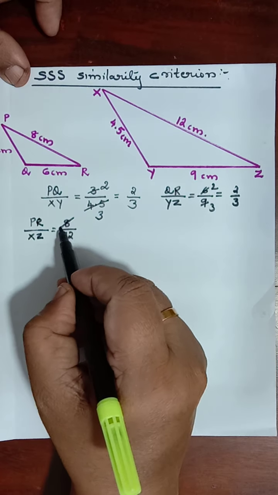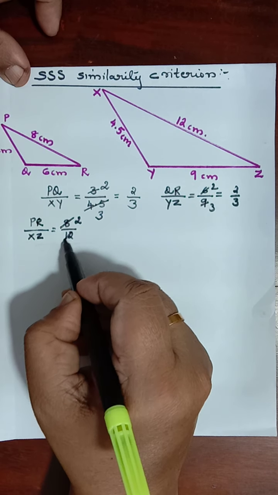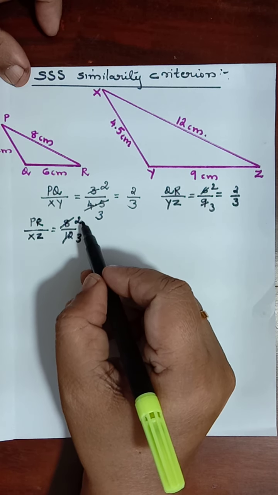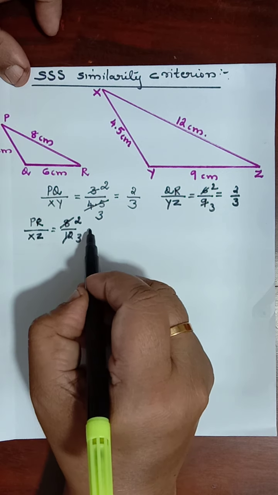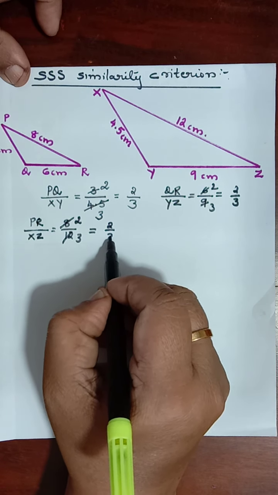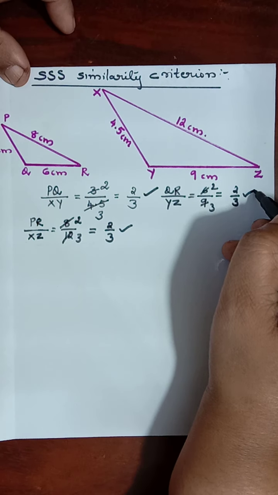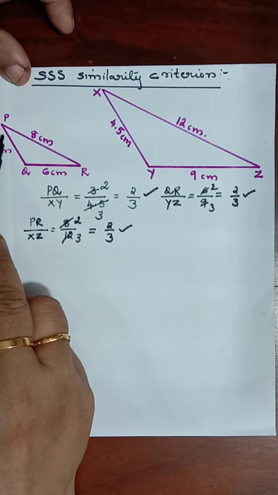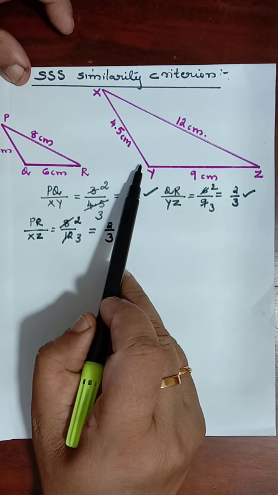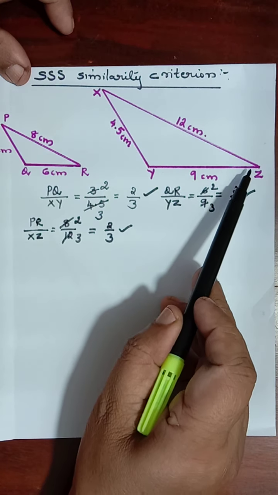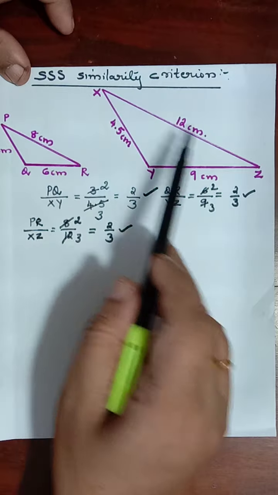Here the common number is 4. 4 2s are 8, 4 3s are 12. So don't you get 2 by 3 in this case also? That means you got 2 by 3 in all the ratios, that is PQ by XY is equal to QR by YZ equal to PR by XZ.